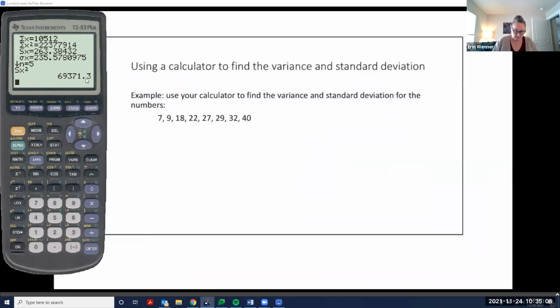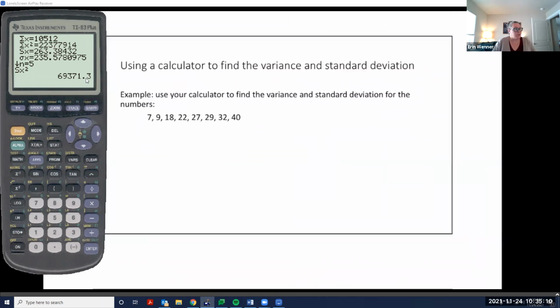So the next slide, we've got some set of data. So I want you to use your calculator to find the variance and the standard deviation for the numbers. If you need me to go back to any of the slides, let me know. Again, use your calculator. Don't do this by hand. I showed you once because, again, if you're going to find the variance and standard deviation, first find the standard deviation, i.e. Sx.